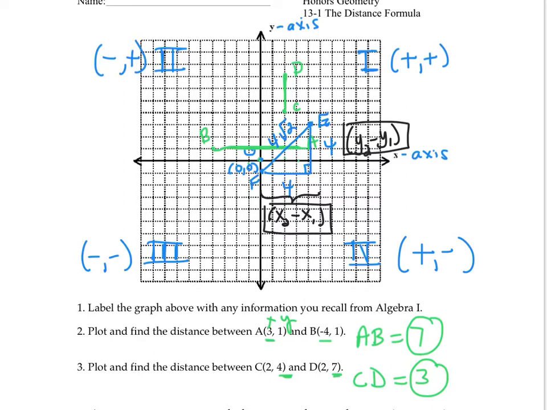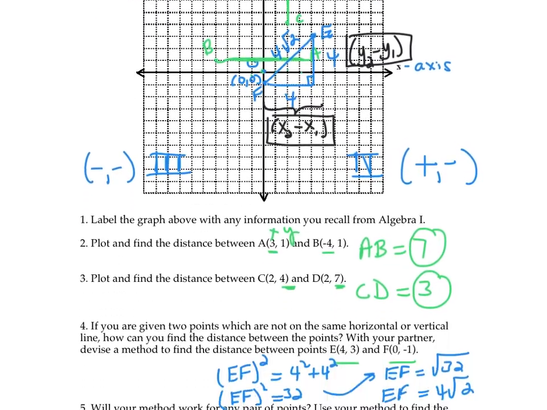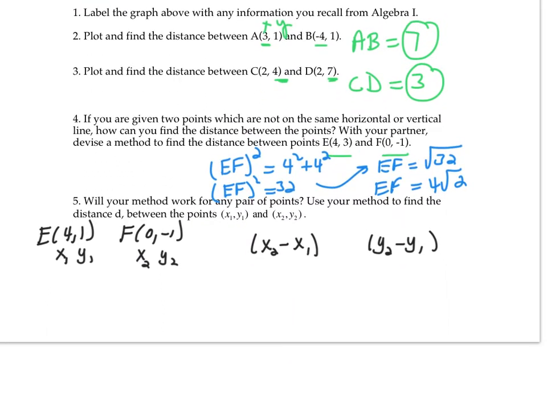And if we plug those into the Pythagorean theorem, let's check this out. D, the distance between those 2 points, d squared, so our hypotenuse squared, is equal to the quantity x2 minus x1 squared plus the quantity y2 minus y1 squared.